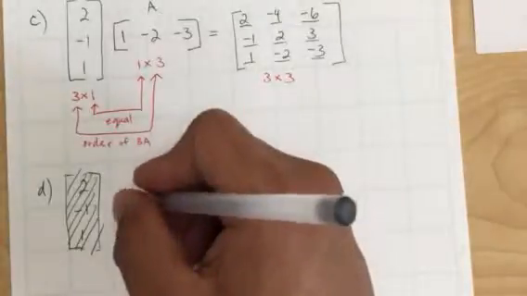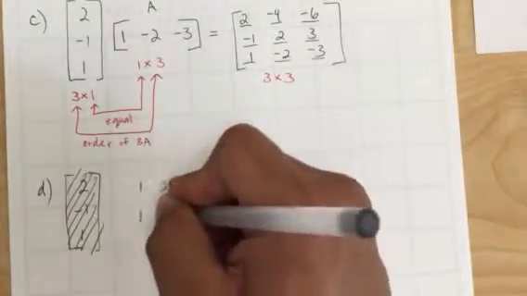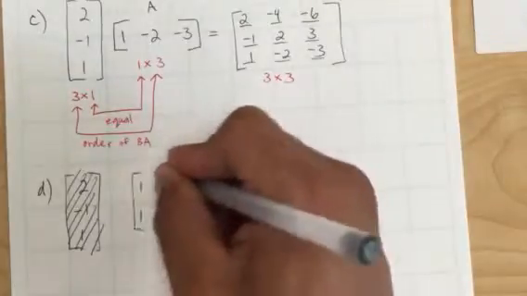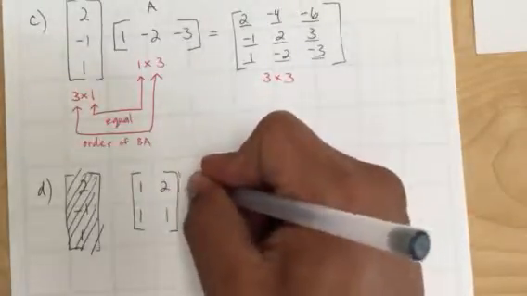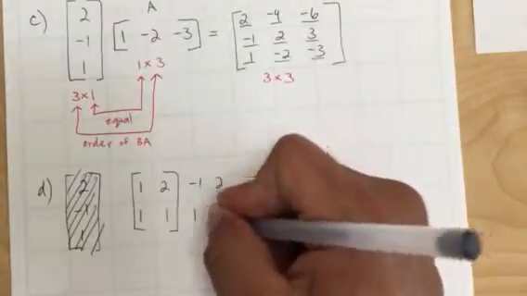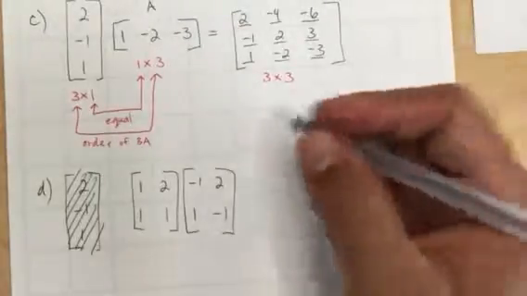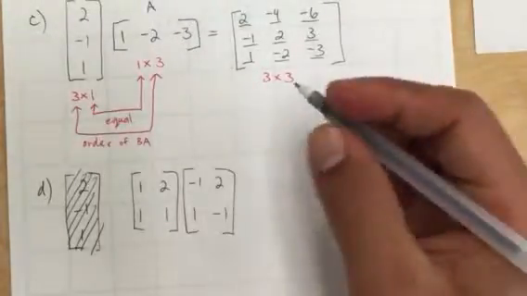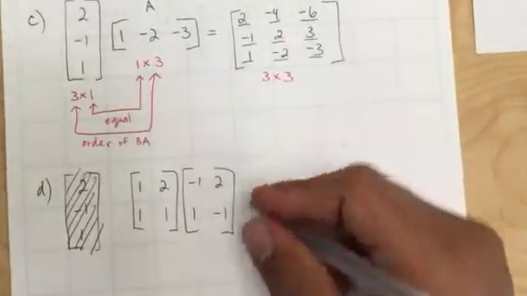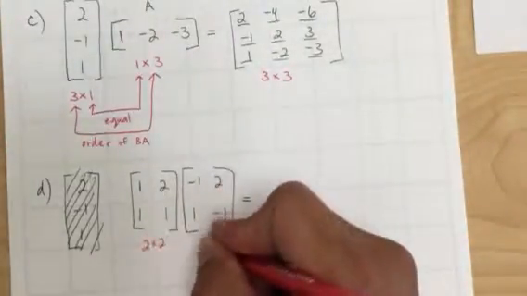We are gonna do a 2 by 2. So we're gonna multiply it times -1, 2, 1, -1. And then we're gonna multiply those out. So if you notice, here we have a 2 by 2, 2 by 2.